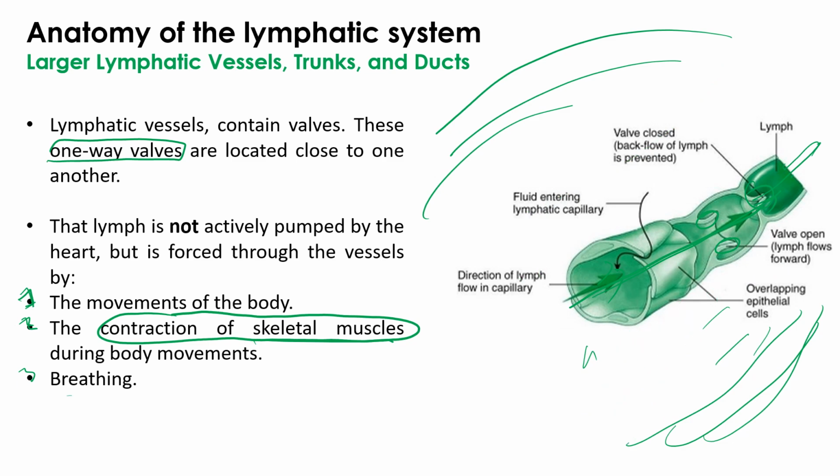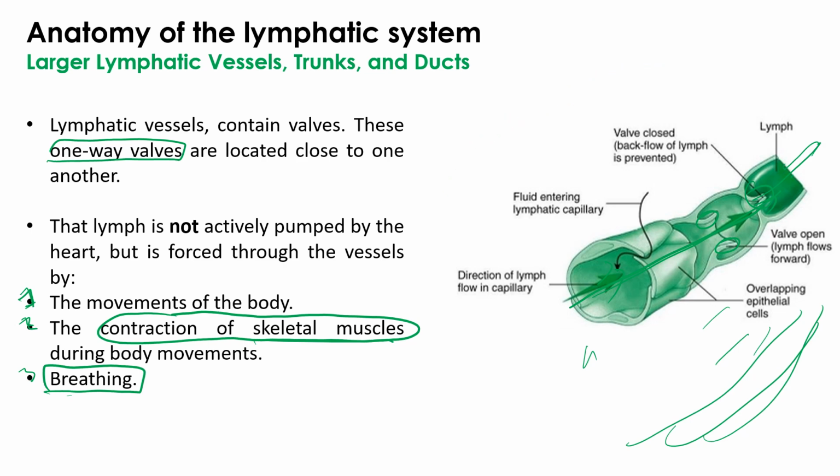Now, breathing is also important for the vessels that are in the abdomen and the thoracic cavity. I don't want to go into detail about how that works, but essentially when you take a deep breath, inspiration, your diaphragm increases the pressure in the abdomen, and that pressure is what squeezes the vena cava and some of these lymphatic vessels, and that's what pushes blood back to the heart.